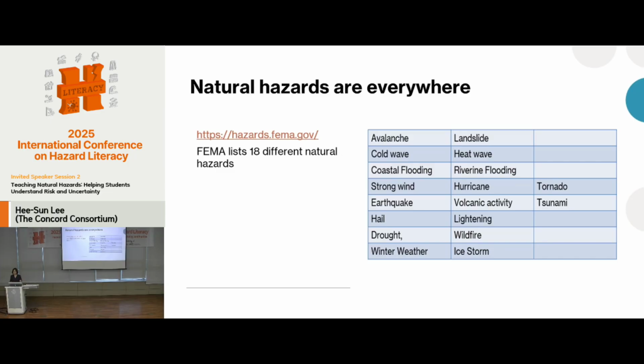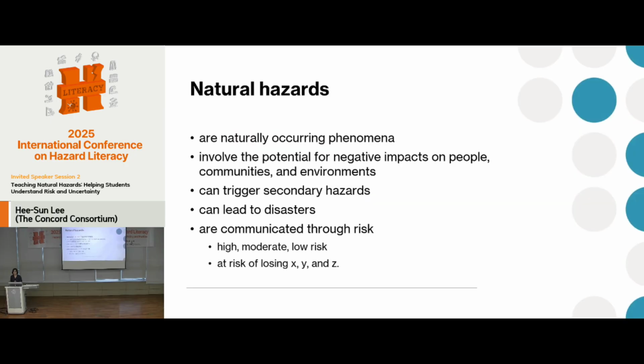Typical floods, hurricanes, typhoons here, and all kinds of threats are out there to work with us. So that means we must teach, we must learn, and we must know. Then how should we do it?